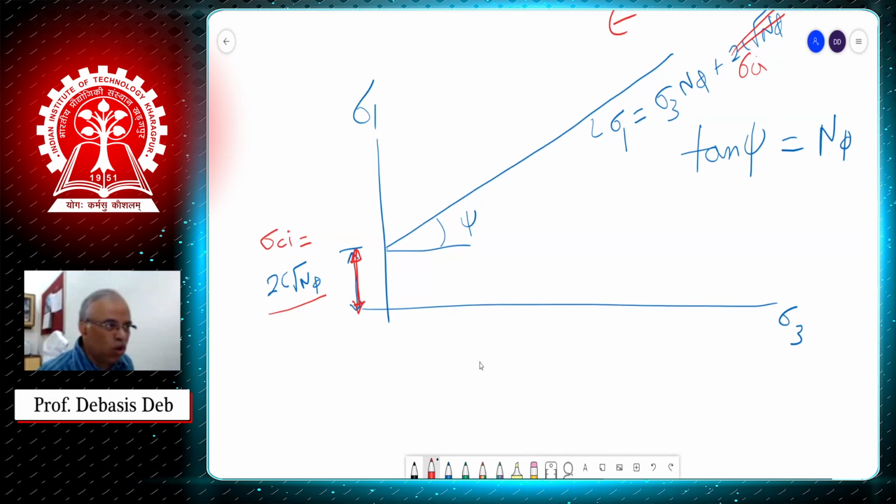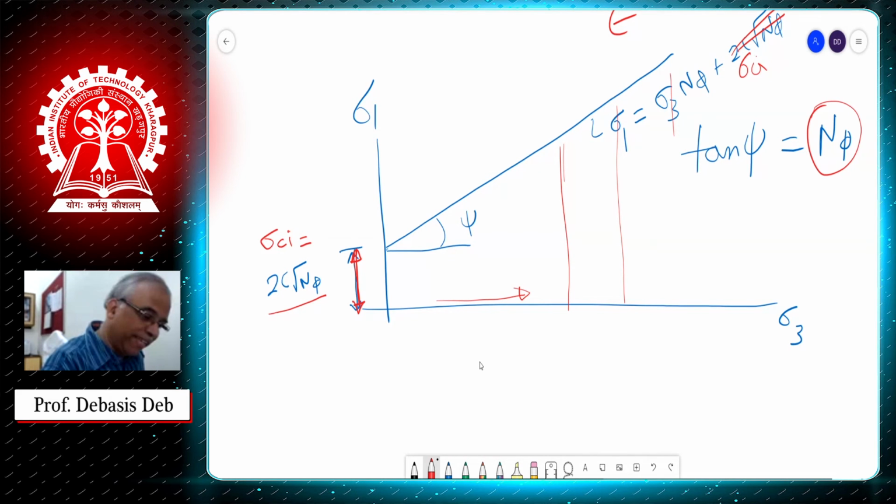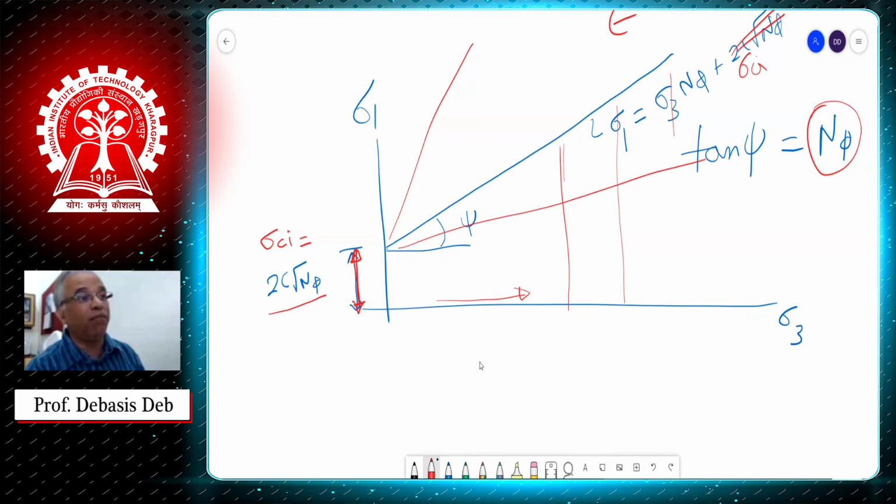In other words, what it is saying is, the moment you try to increase this sigma 3, your strength will also increase with sigma 3 because the N phi effect will come. Now, whether it will go like this or like that depends on the angle phi. But at sigma 3 equals 0, it is the uniaxial compressive strength.